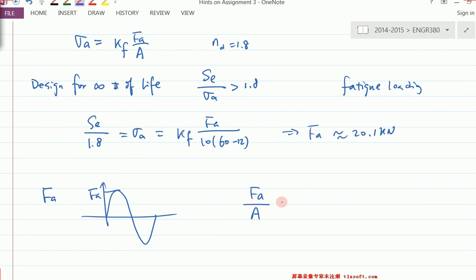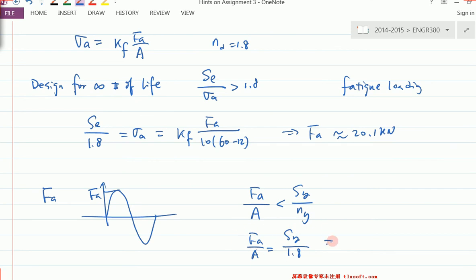Should be less than the Sy over Ny, the safety factor. So this is the yielding safety factor. Let's say if I use the same safety factor 1.8 here, then the critical boundary will be Fa over A equal to Sy over 1.8. And you can solve for Fa again for this equation, which is basically static loading condition.